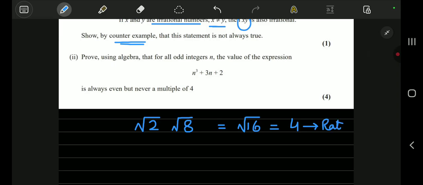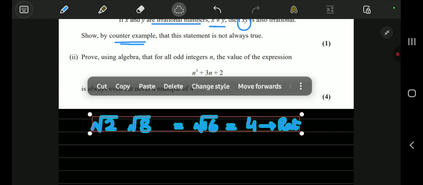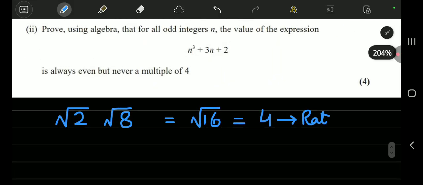Because what are rational numbers? A rational number is one that can be written in p over q form. So all the natural numbers, all the whole numbers are obviously rational numbers. So this is proved.